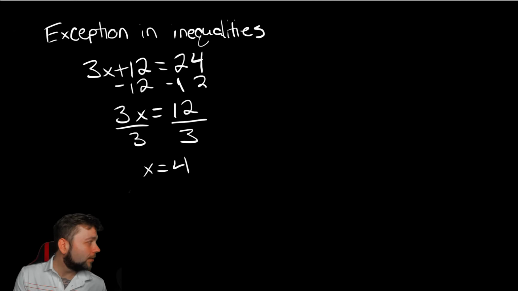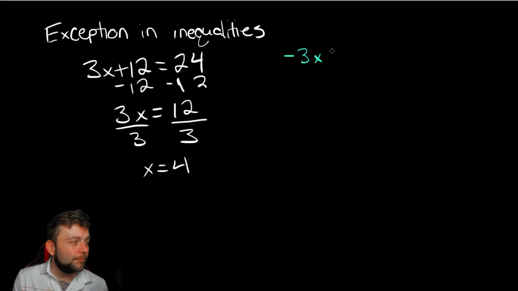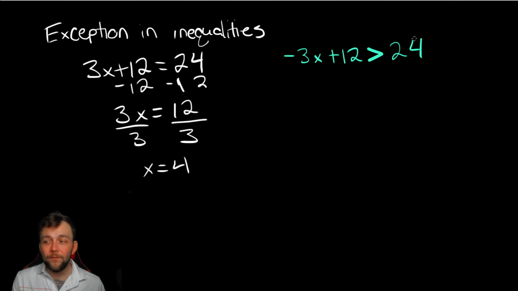So I'm gonna do this in our nice aquamarine color. So negative 3x plus 12 is greater than 24. So everything else looks the same, right? For the most part, except for I threw in this negative sign.